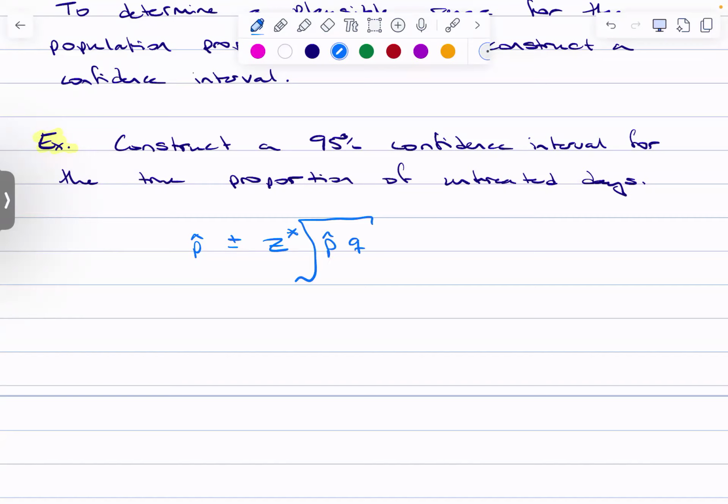And here, because I don't have a hypothesized value for my confidence interval, right? We did have one, but for confidence intervals, we just use our p hat instead over n.